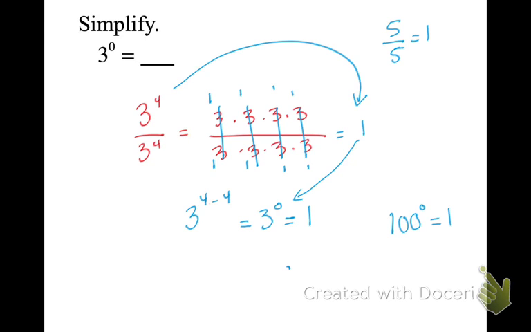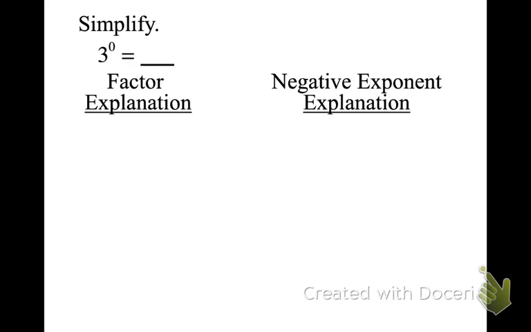Because what it means is you've expanded everything out and you're cross-canceling everything. There's nothing left but 1. Anything to the 0 power. x to the 4th over x to the 4th is equal to x to the 0, which equals 1. Okay?